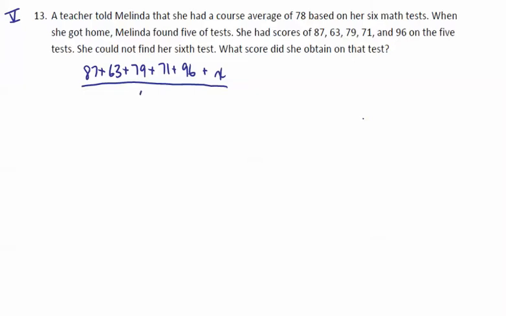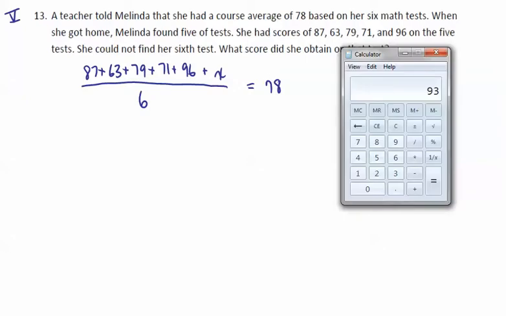We're going to divide all of that by 6 because we do have 6 tests. Even though we only have 5 numbers, the placeholder x is there representing the 6th test, and so we're still going to divide by 6. And the average the teacher said was 78.